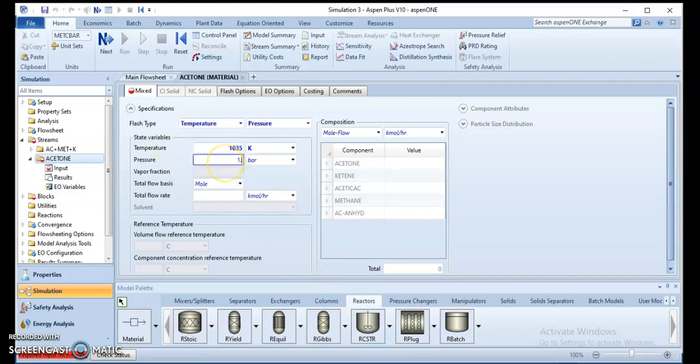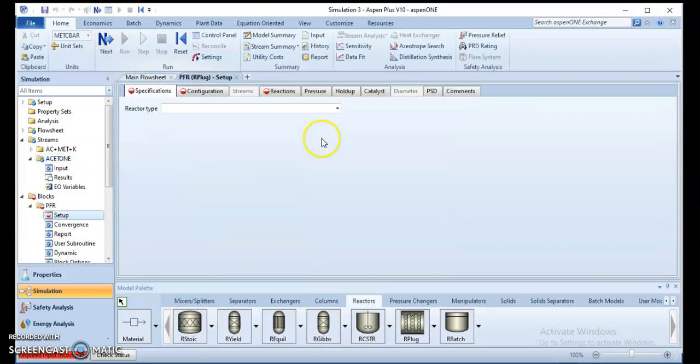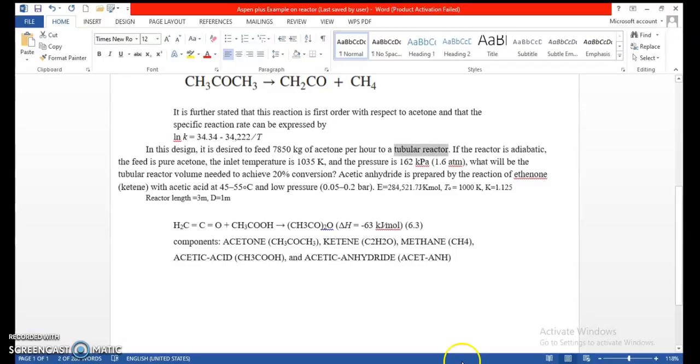The pressure is 1.6, and that's mass flow, and the mass flow is 7,850 kilogram per hour. The pure acetone is introduced, and so we can change this to the mass fraction. I can click on the next button.